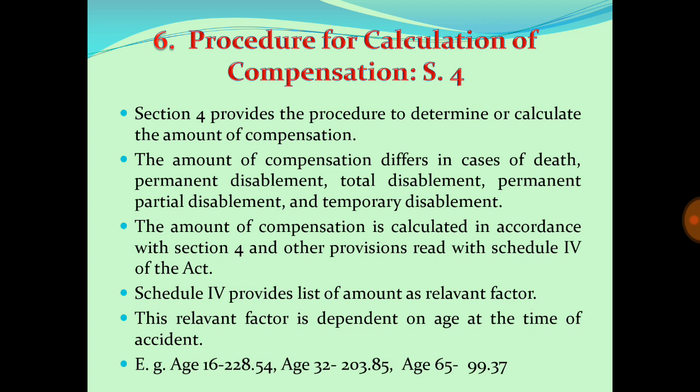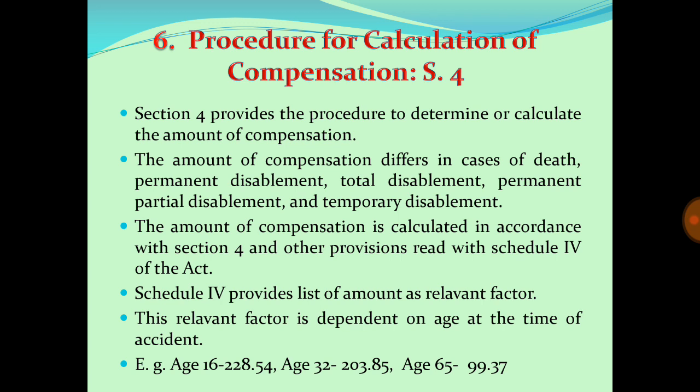For example, if the accident was caused when the age of that workman was 16, the relevant factor is 228.54. If the age is 32, the relevant factor is 203.85, and if the age is 65 or more, then the relevant factor will be taken as 99.37.